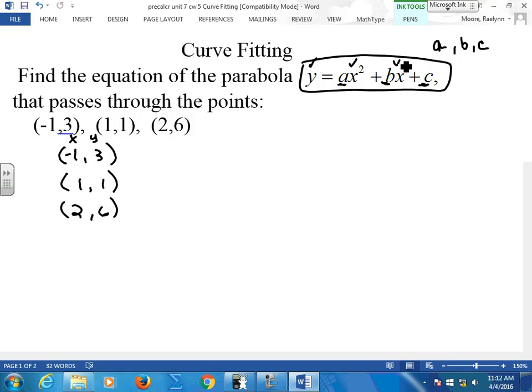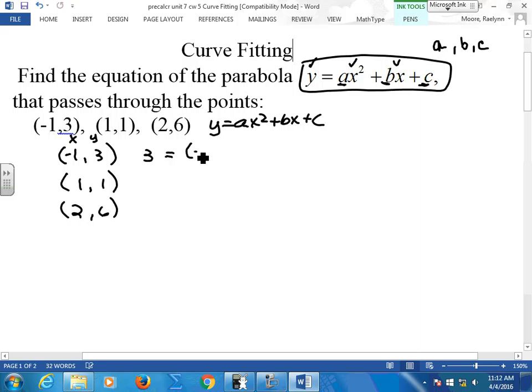Okay? So we're going to plug this in. We're going to say y equals, and put this a little closer if it helps you. So your y is 3. Your x, you don't know a. Your x is -1. Put that in parentheses.